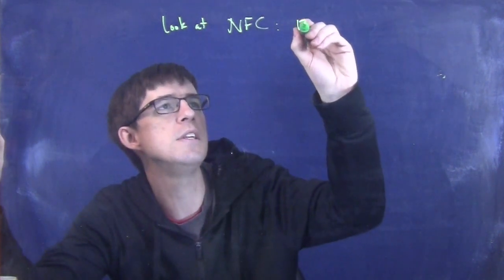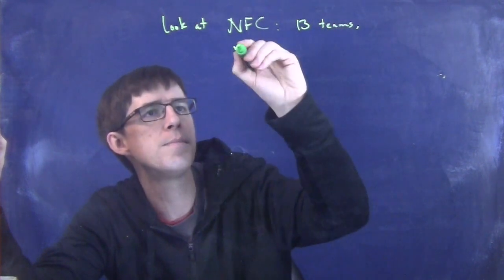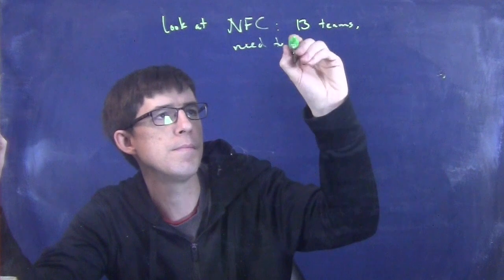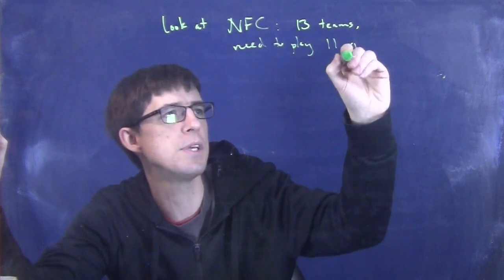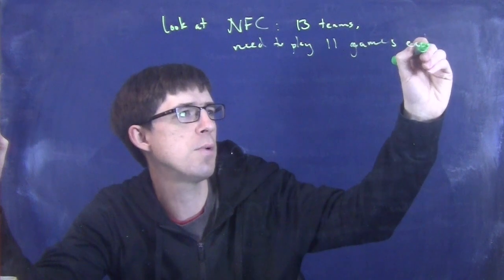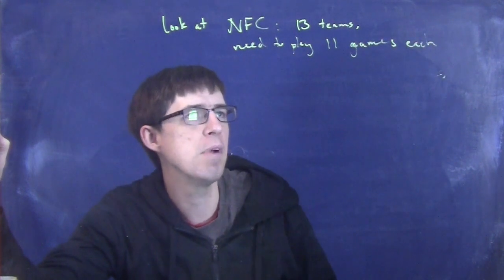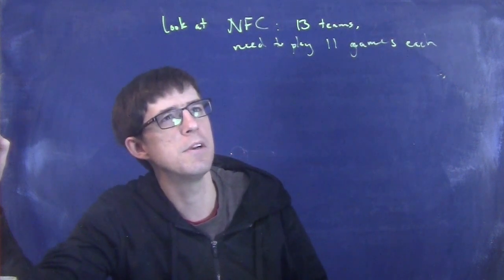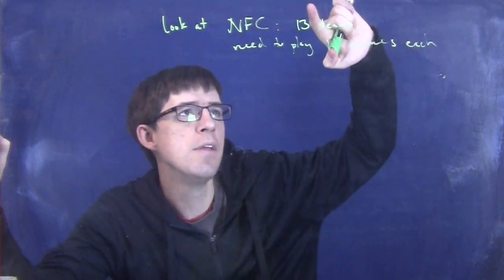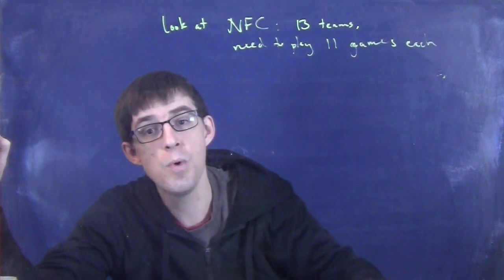It has 13 teams, right? And we need to play 11 games in the conference. We're going to ignore the other conference entirely. It's not relevant for what I'm trying to say here. So in the NFC, there are 13 teams, and they need to play 11 games each with one another.